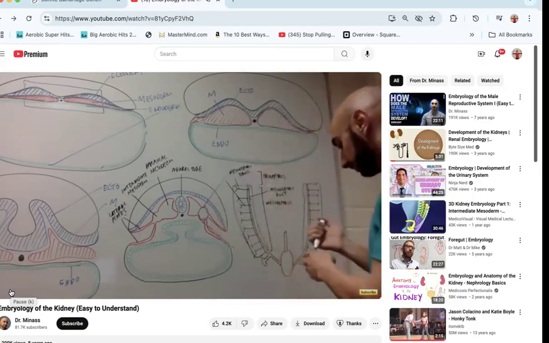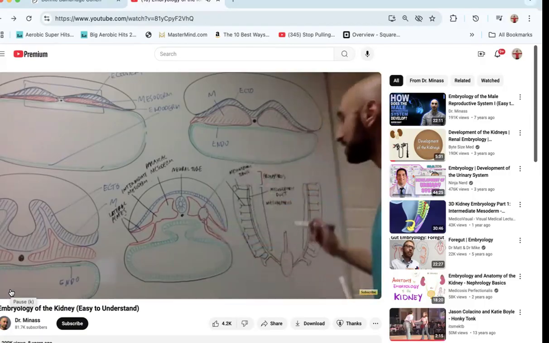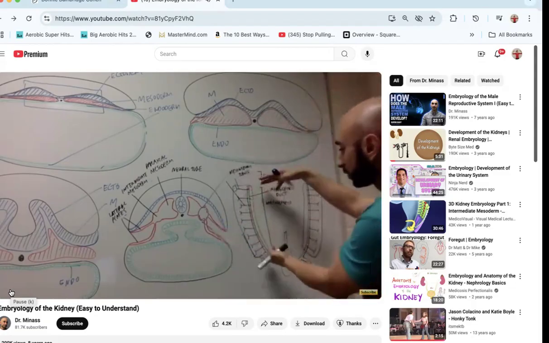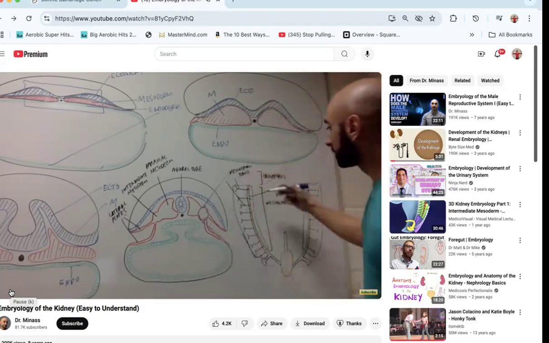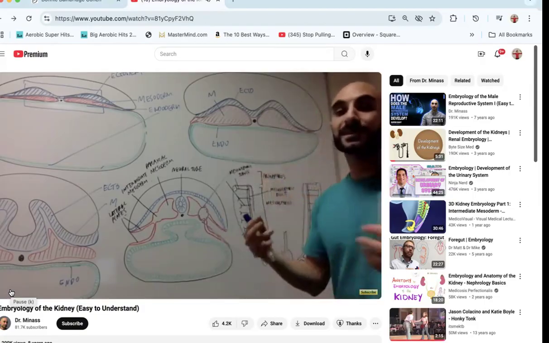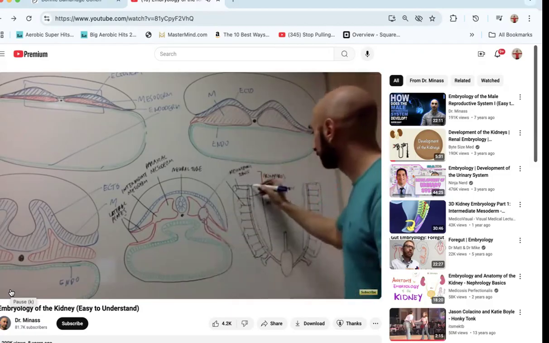Okay, it's pretty simple if you put time and effort in. What I've circled here, where the mesonephric section is, this blue, is mesenchymal tissue, and it's called the nephrogenic cord.